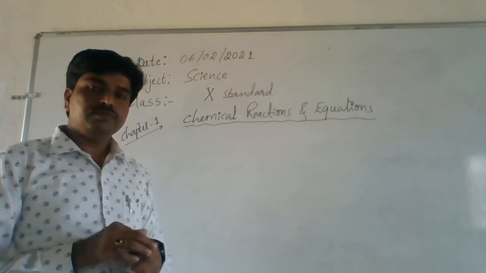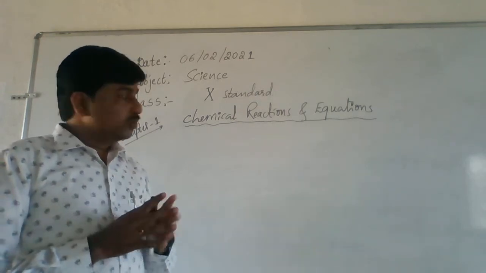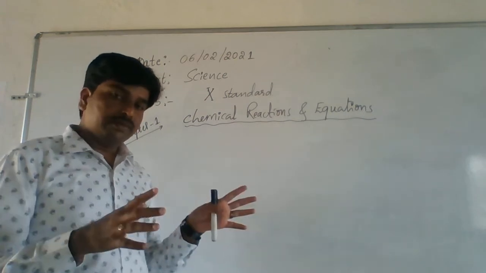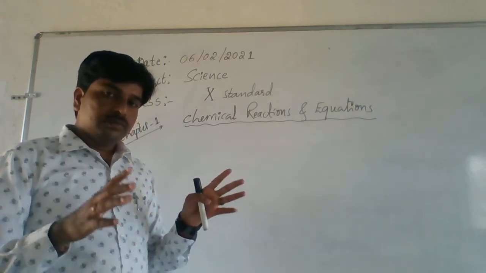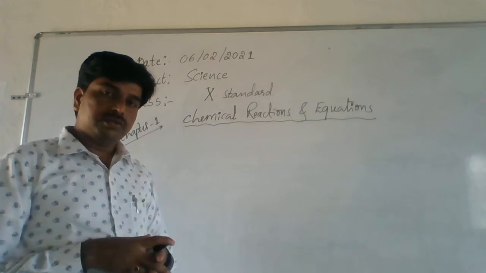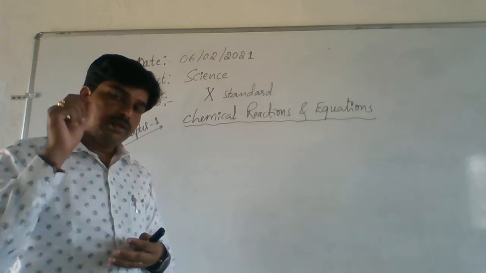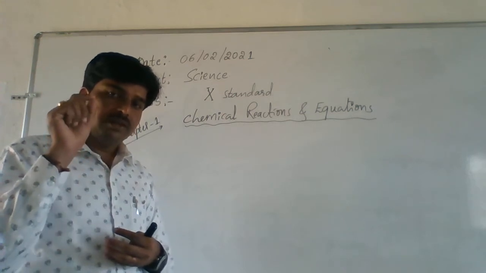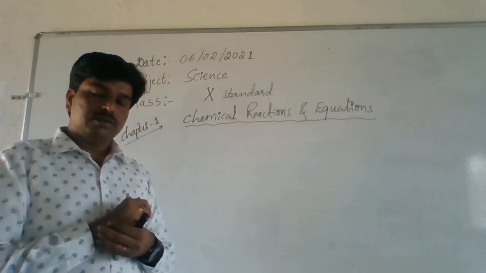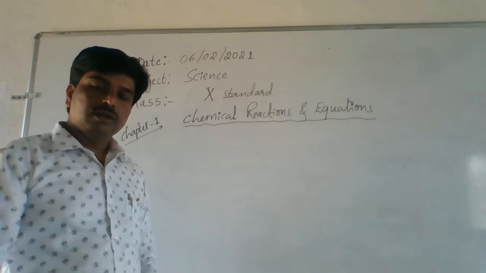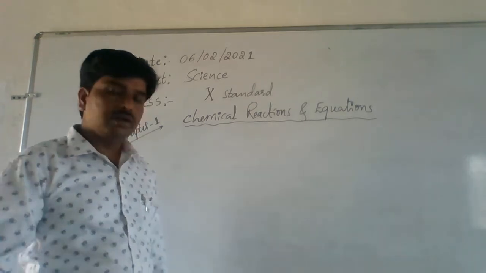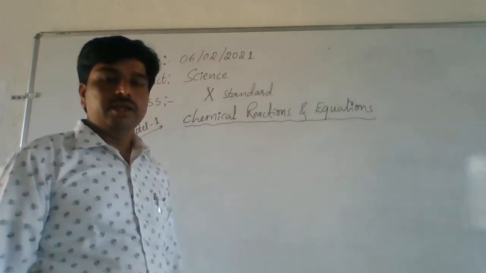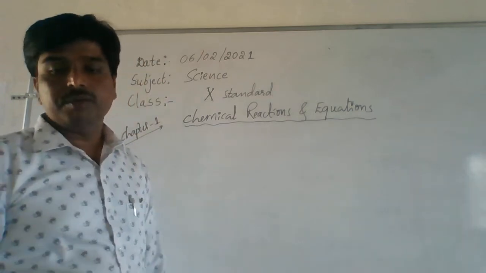To understand this chapter very clearly, you must have the knowledge of the elements, writing the chemical symbols and the molecular formulas of the compounds. Okay, come and let us start this chapter, chemical reactions and equations.